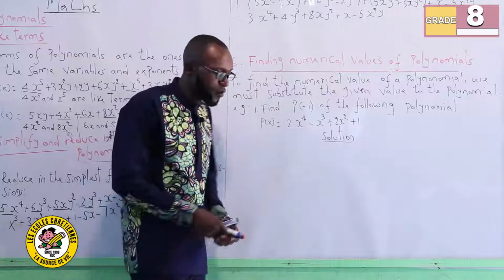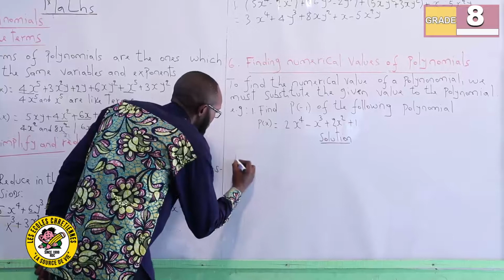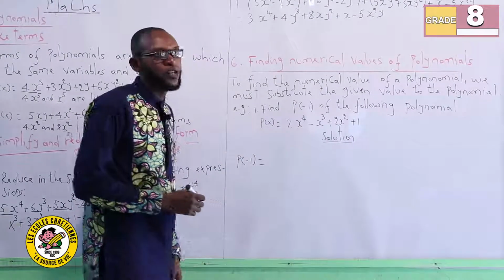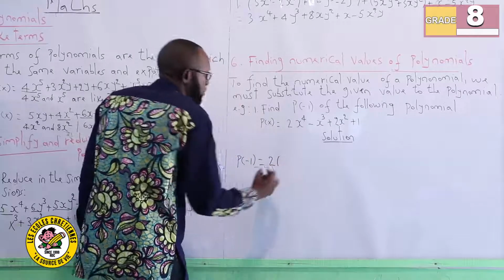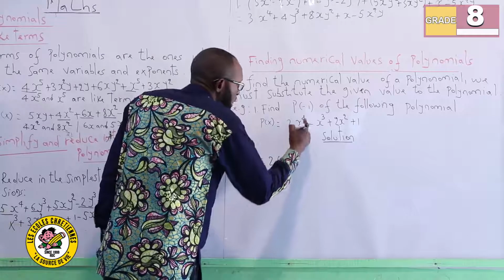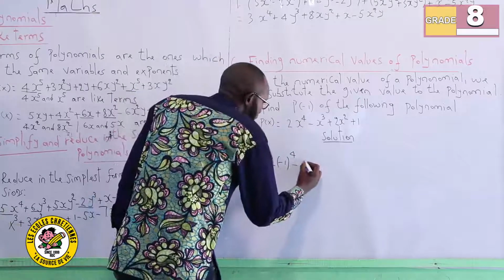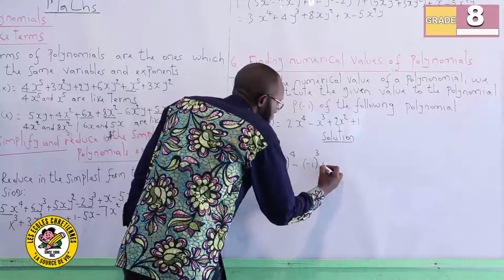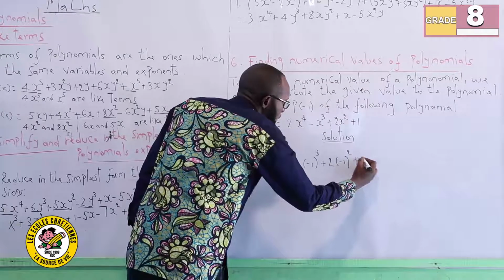So it's very easy. You write the polynomial, and when you substitute y, you put minus 1, x you substitute with 1. We will have minus 1, and here we have minus 1 on the fourth power, and over there 3 plus 2 times minus 1 squared plus 1.